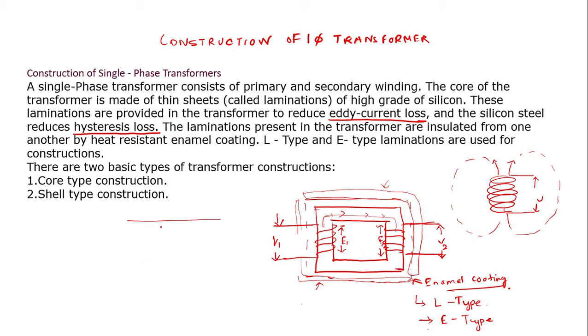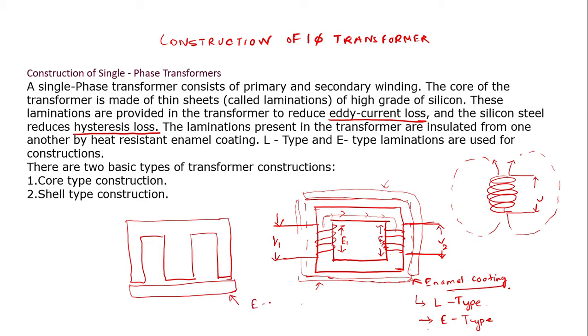So a lamination is being provided to the air gap too. This kind of lamination is also provided in some cases, and it is actually E-type lamination, right?